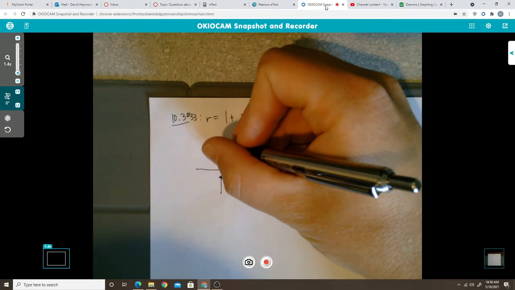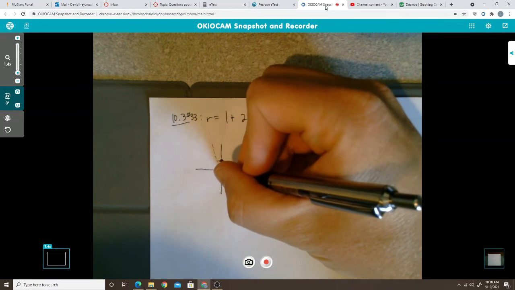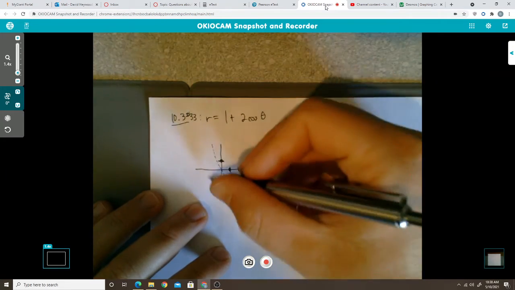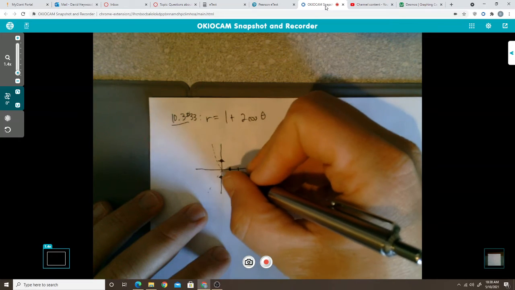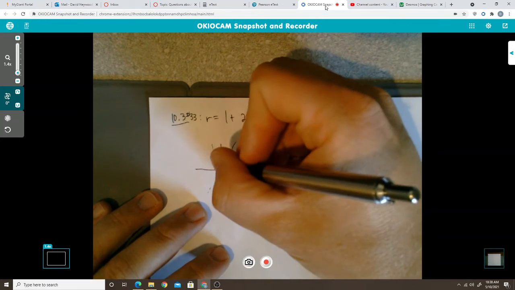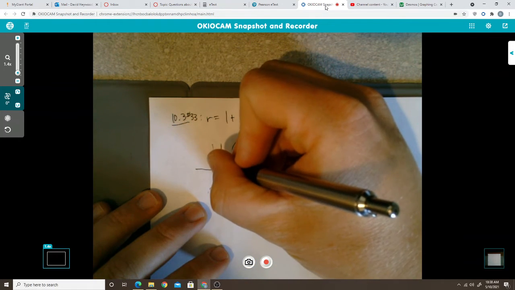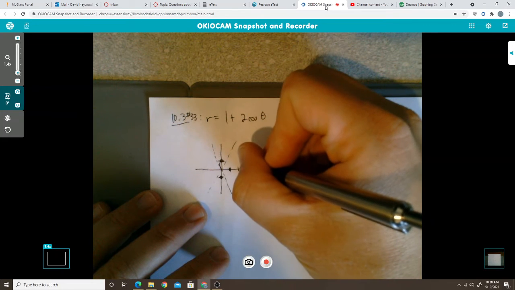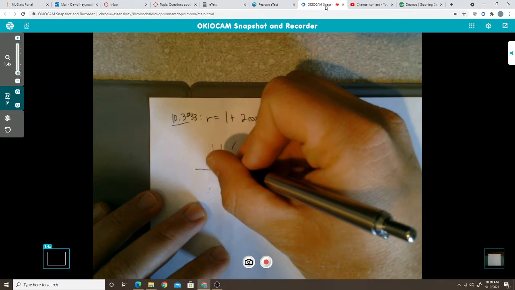So if you kind of imagine, like, 2 pi over 3 is there, 4 pi over 3 is maybe somewhere right here. So it's going to kind of cross over like that, right? So putting it all together, the thing looks like this.